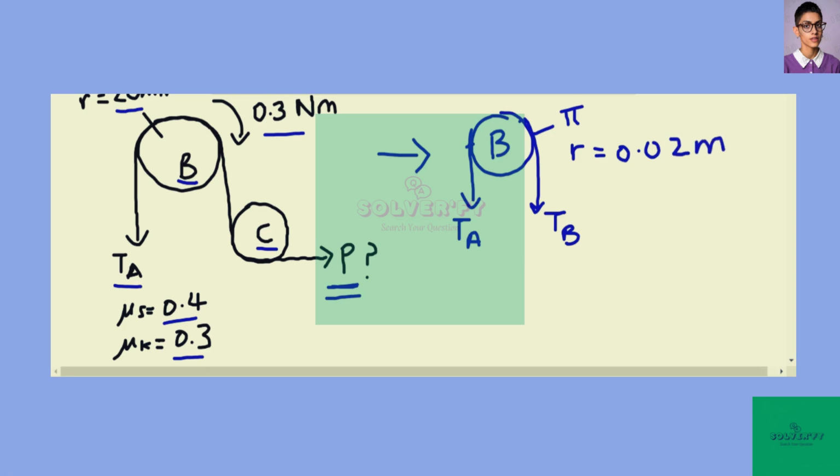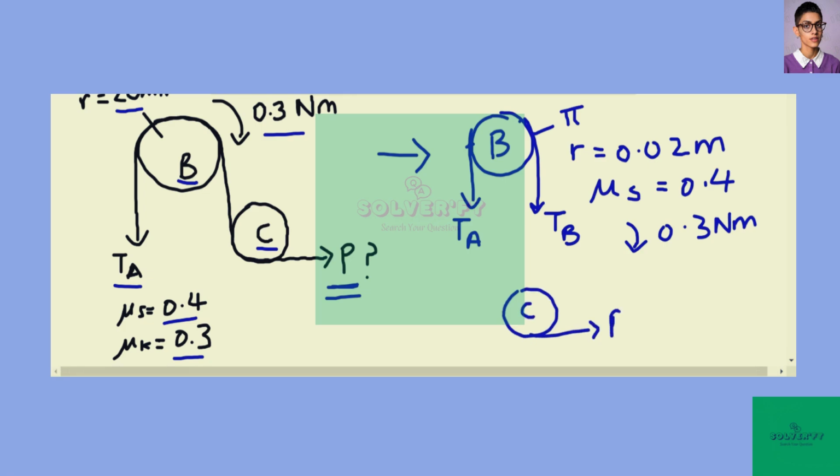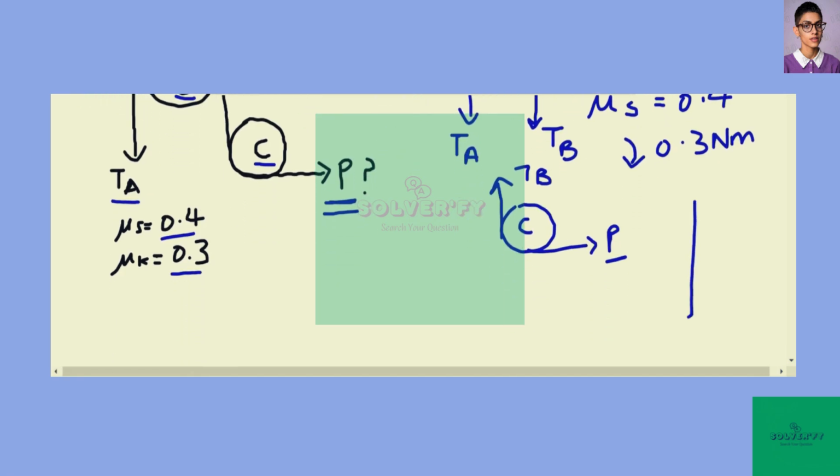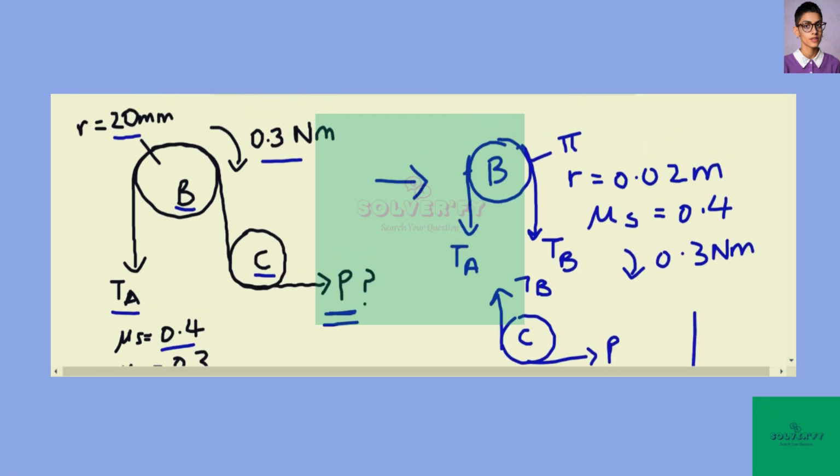And since we're looking for the case where slip will not occur, we'll use the static coefficient of friction of 0.4. And we also know the moment is 0.3 Newton meters on this wheel. And then we have C, where we have a force of P on one side and a force of TB upwards. So let's use this to solve for P.